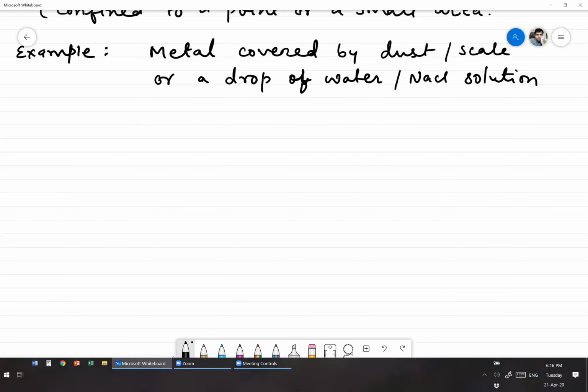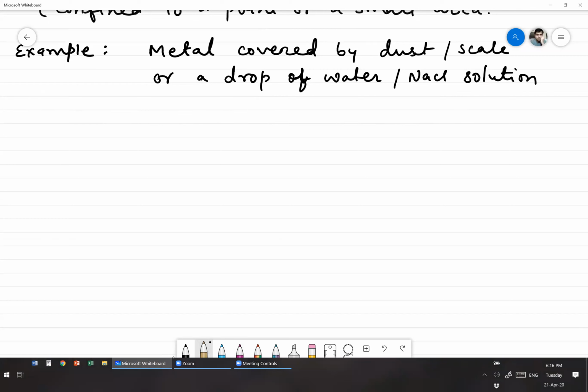So let's consider a metal surface, iron metal surface, and consider a drop of water. Let's consider a drop of water resting at the surface of iron metal. So this is the water droplet resting on the iron metal surface.